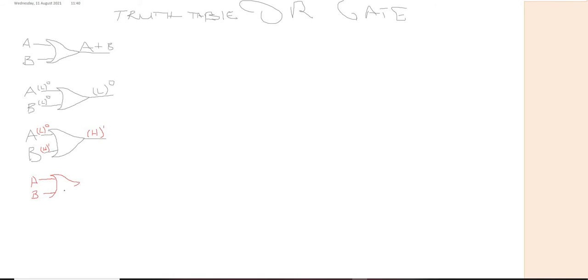Don't worry about my writing, as long as you see what I'm talking about, it will make sense. So here let me use another color. If there is high here, of which that's 1, and there's low, of which that's 0, then the result again would be, what?